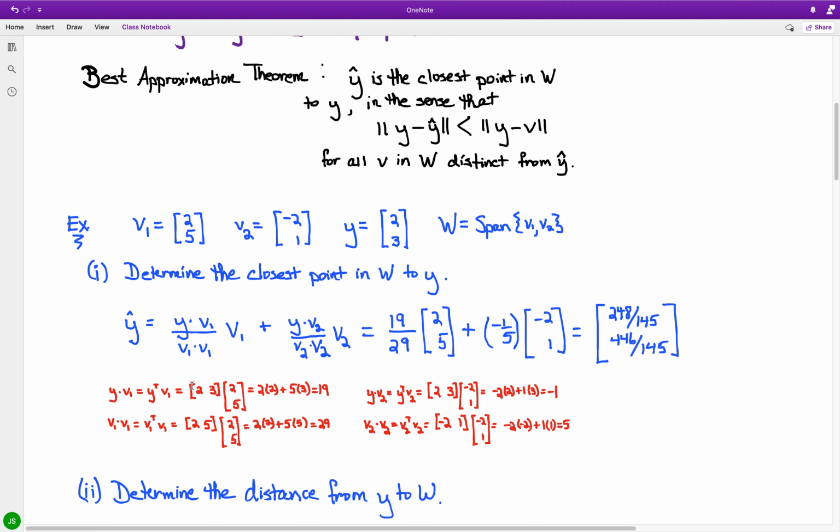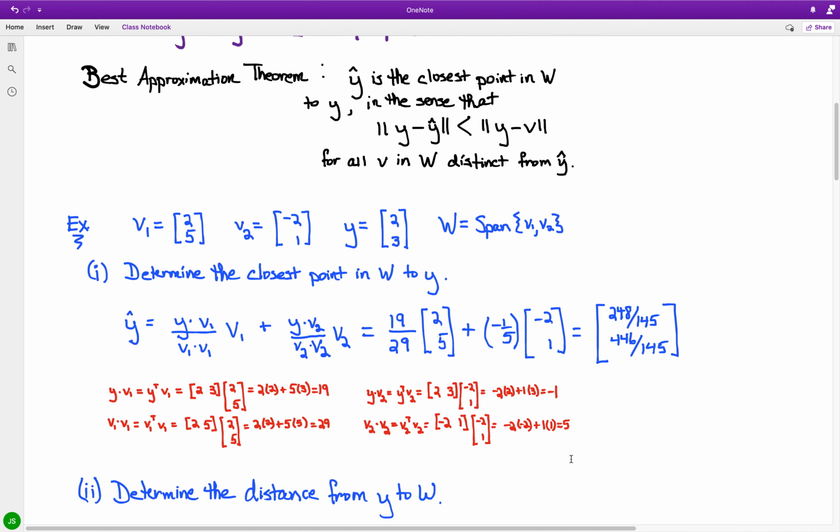For the closest point, we have the projection and our algorithm: the dot product of y and v1 divided by the dot product of v1 and itself. The dot product of y and v1 is 19, and the dot product of v1 with itself is 29. Plus the dot product of y and v2, which comes out to negative 1, and the dot product of v2 with itself comes out to 5.